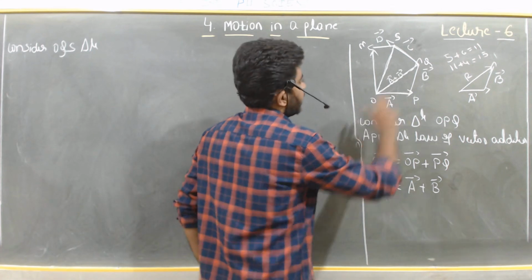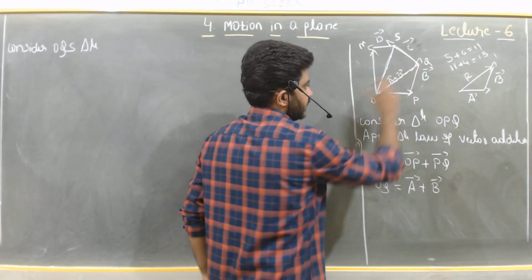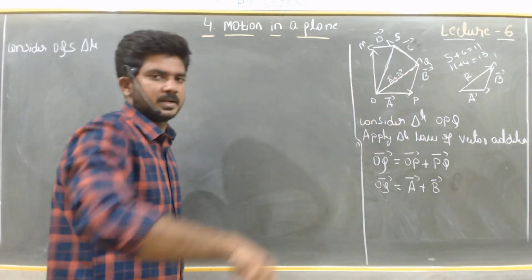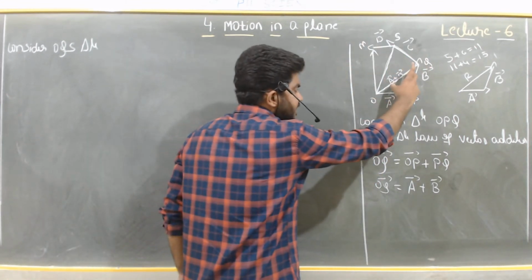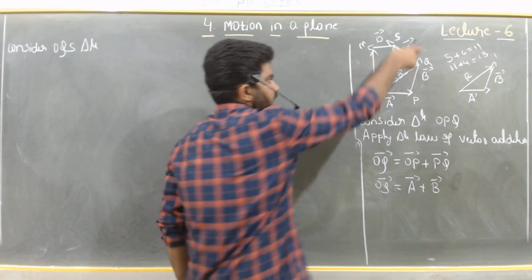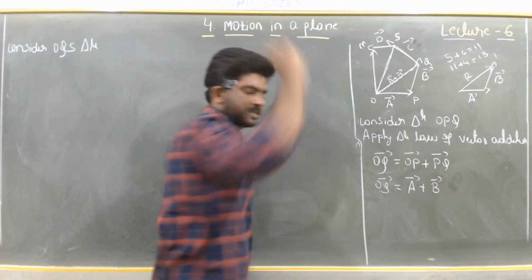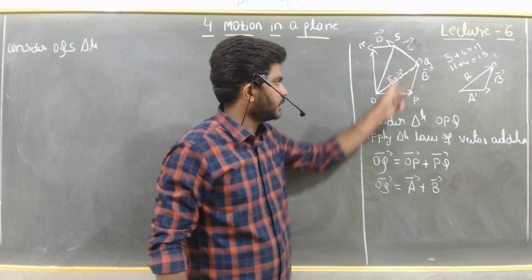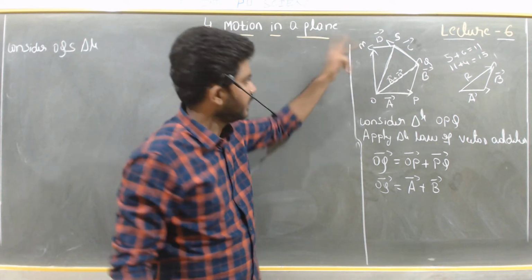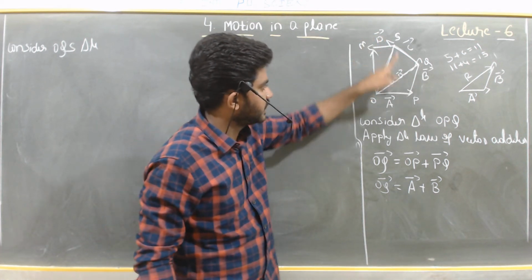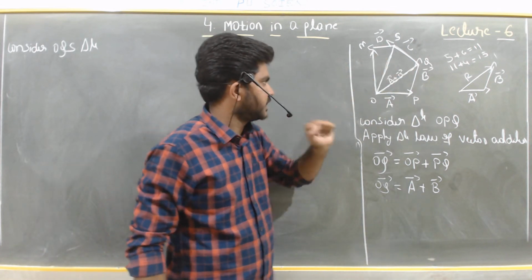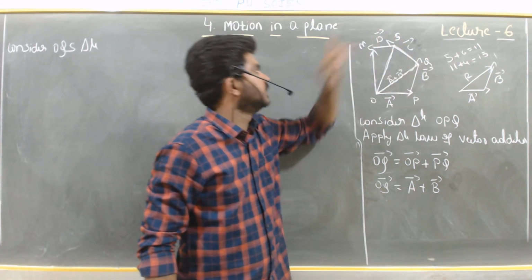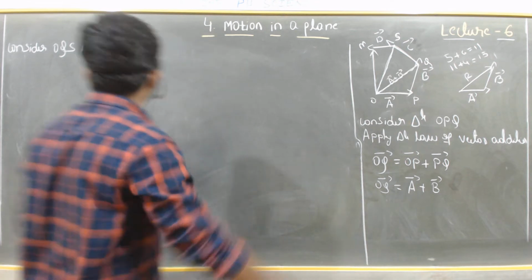See here also two vectors, A plus B. Consider A plus B as one vector, represented in one side, and another vector C is represented in another side. Two vectors are represented in two sides, then the third side will give the resultant of these two. It means OS is equal to OQ plus QS.